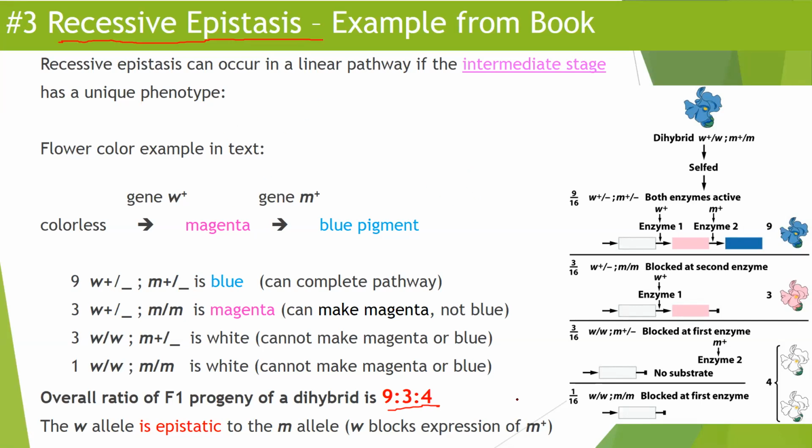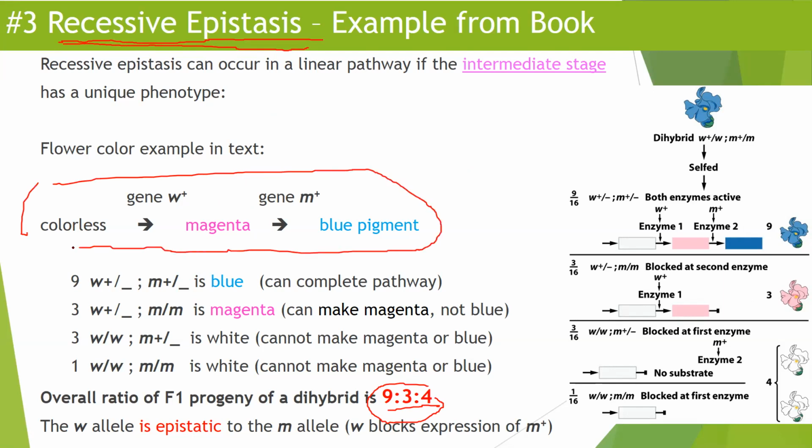All right. So this ratio actually tells us this is a recessive epistasis, right? So this is the mechanism. Usually this will represent a pathway like this, starting from the colorless stuff.